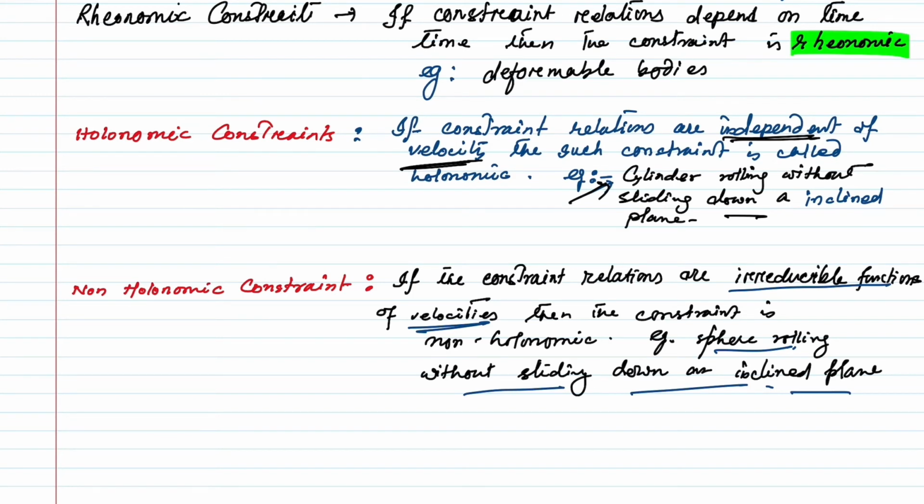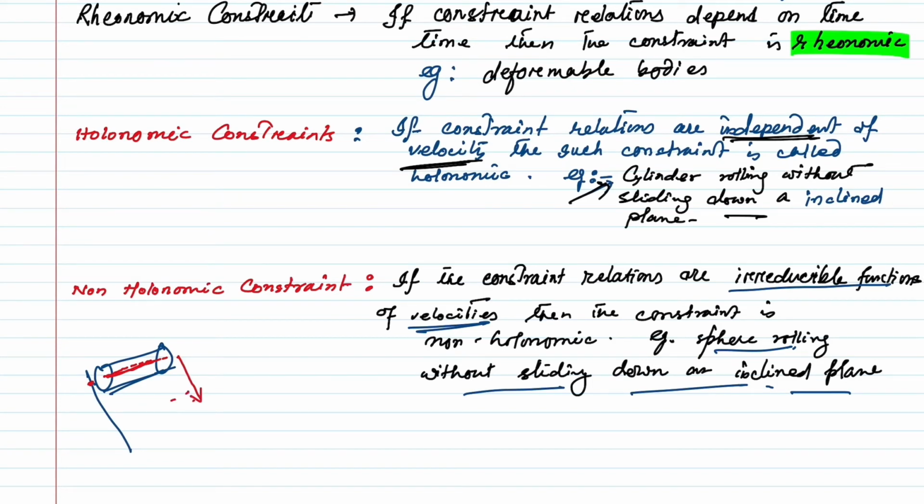So in these two cases, suppose this is a sphere, sorry, not a sphere, a cylinder. If it is rolling down an inclined plane, and here is the axis of rotation, so this is the initial point. So now it is rolling in this direction on an inclined plane.